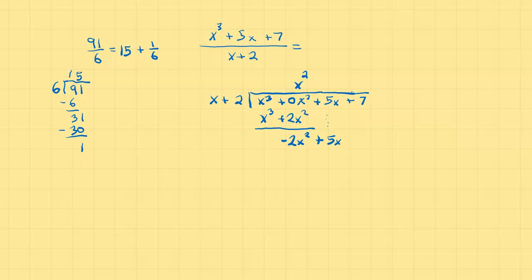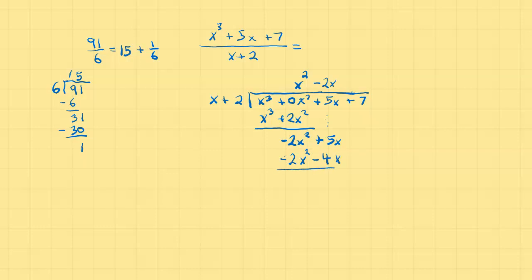Well, that's going to be negative 2x, and you'll see why when I multiply them. Because remember, they have to be the same after I multiply them. So it's going to be negative 2x there. Now let's multiply. Negative 2x times x is negative 2x squared, and then negative 2x times 2 is negative 4x.